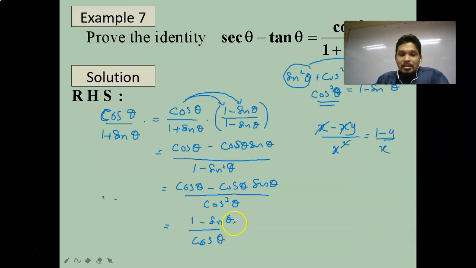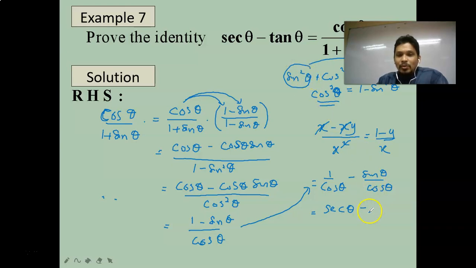Next, we separate this into two: 1 over cos theta and minus sine theta divided by cos theta. So 1 over cos is secant theta, and sine over cos equal to tangent theta.